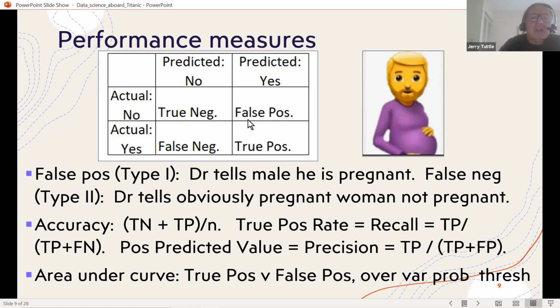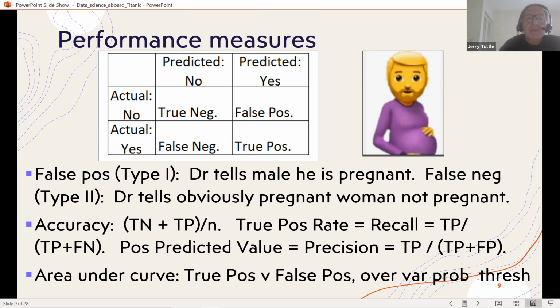But more seriously, this matrix gives us 3 possibilities in assessing performance. You can go down the main diagonal and calculate the sum of these compared to all your data items and say that's accuracy. True negative plus true positive divided by the number of items is, as a percentage, how accurate your prediction is.